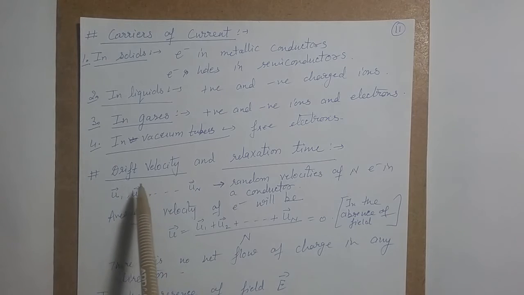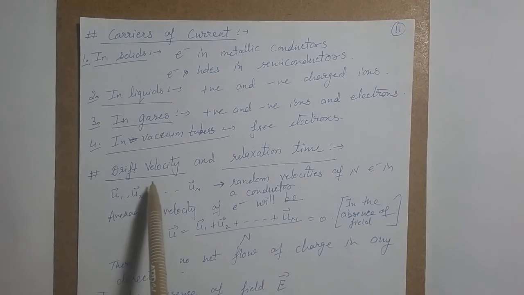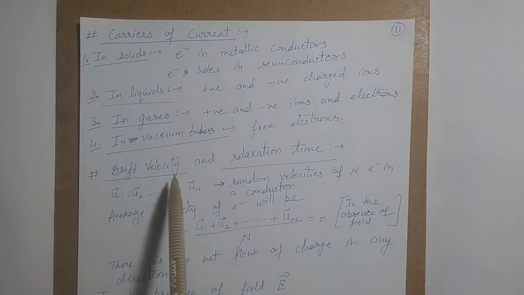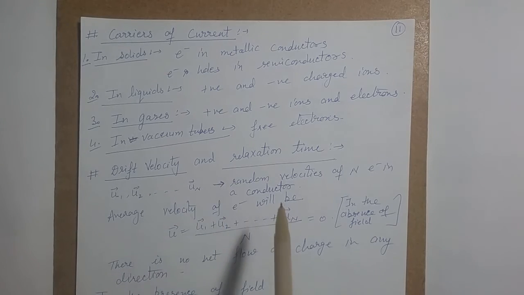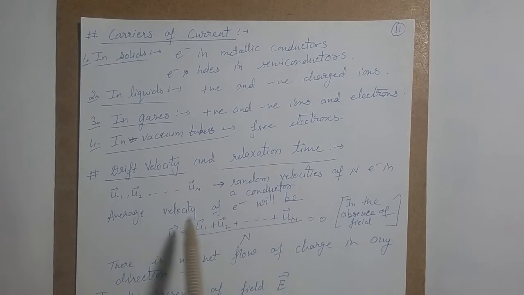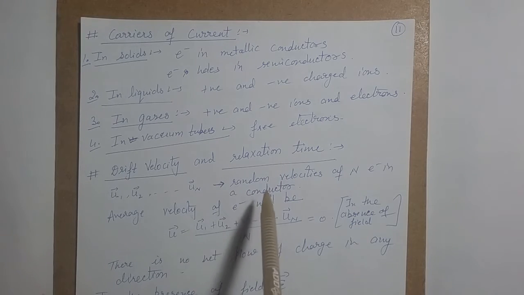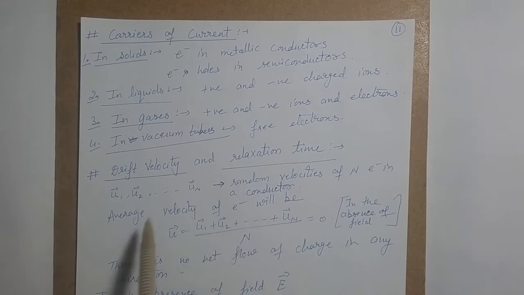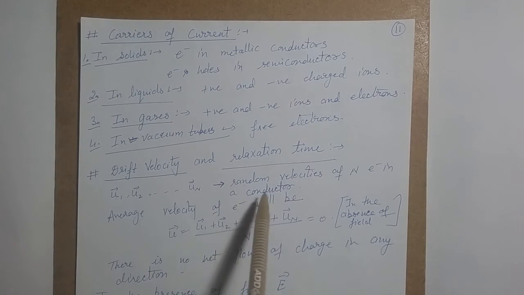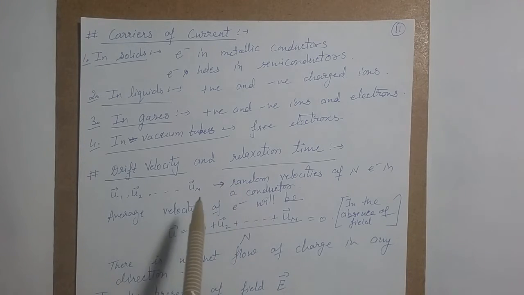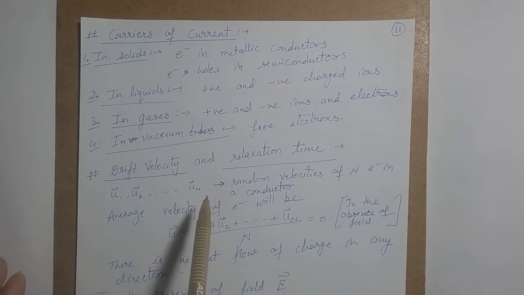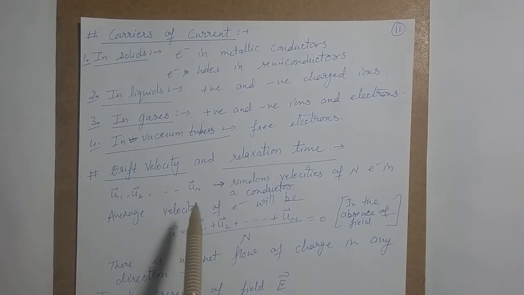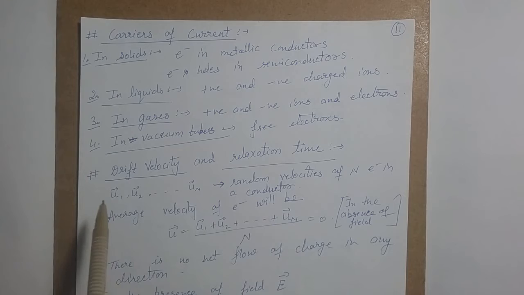This is the velocity acquired by the electrons or ions when the given circuit is connected to some battery, cell, or any external source. Now, what is this relaxation time? Let us consider a case where we have a conductor which is not connected to any cell or battery. In that case, we have n number of electrons or charge carriers in that conductor.